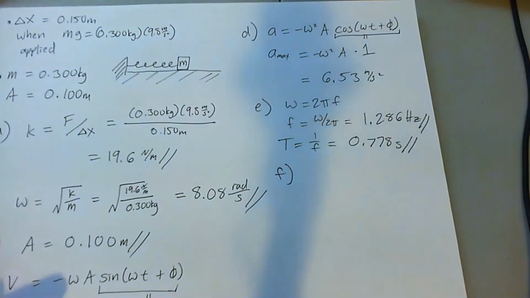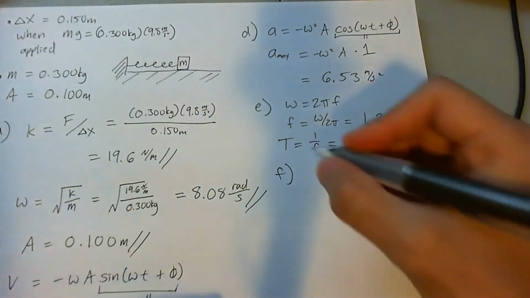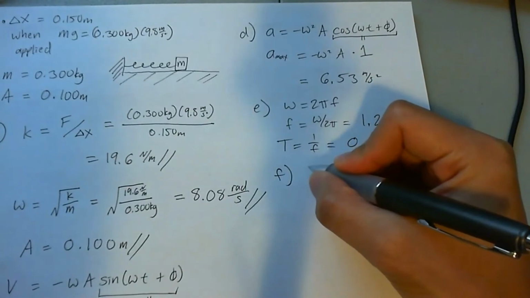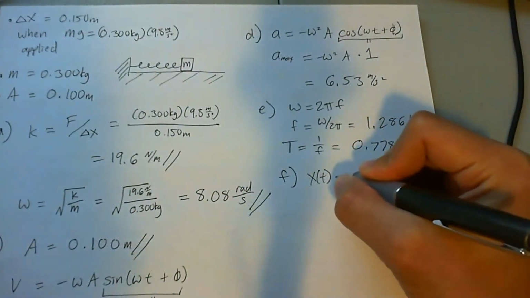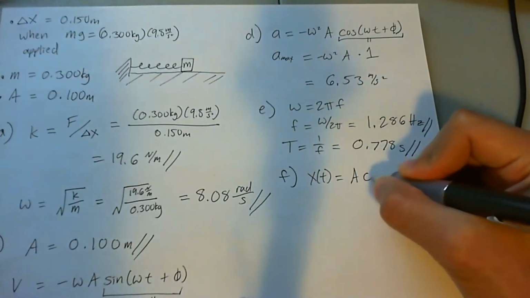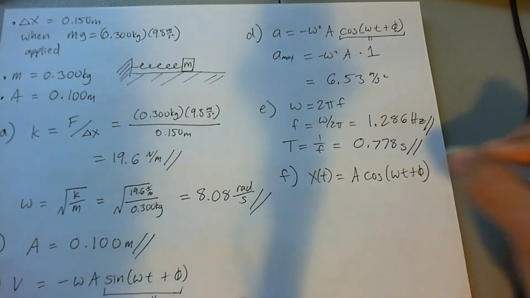Last two is F and G. So F, the displacement, x as a function of time. So they're asking for an equation now. We use the general formula for displacement versus time, and that is going to be x of t equaling A cosine omega t plus phi.